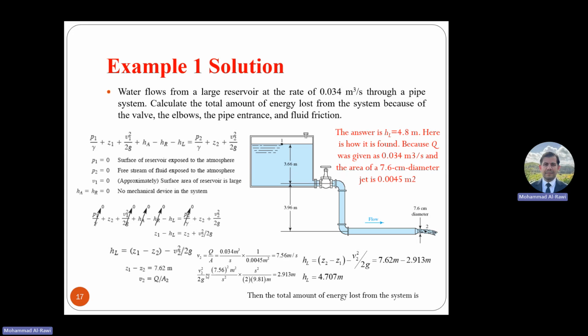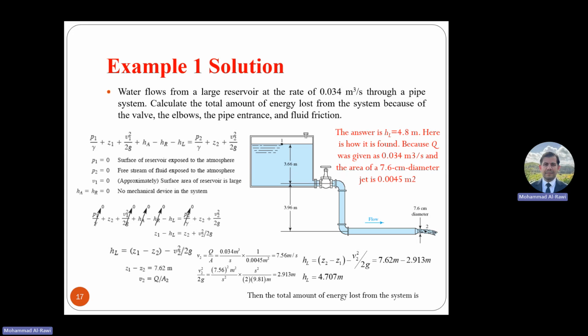V2 squared over 2G, using the equation, is 2.913. H losses equals 7.62 minus 2.913, and that gives us 4.707, which is close to 4.71. The answer in the book for HL is 4.8.